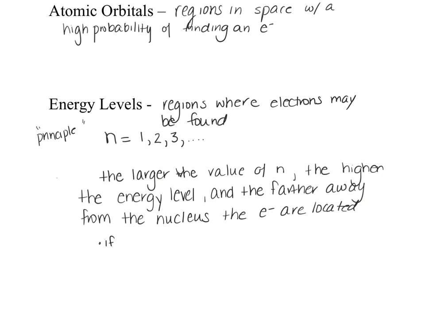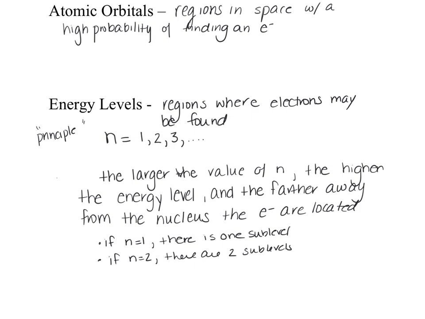Well, if N is 1, so if we are at energy level 1, there is one sublevel. Right? If N equals 2, there are 2 sublevels. Right? And so on and so forth.